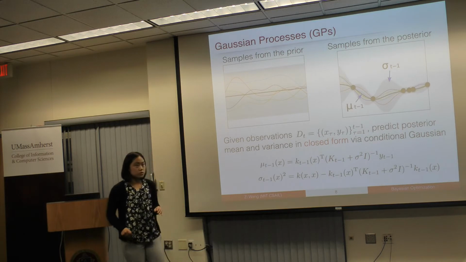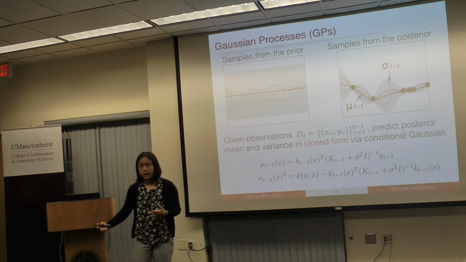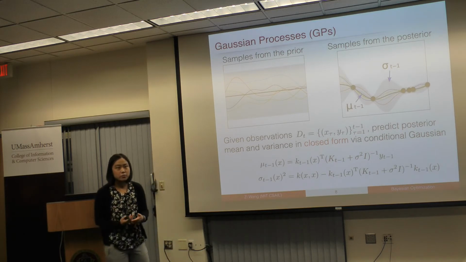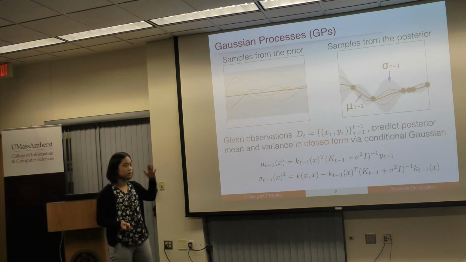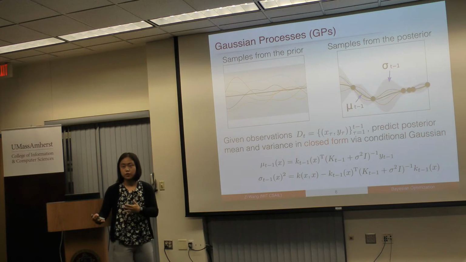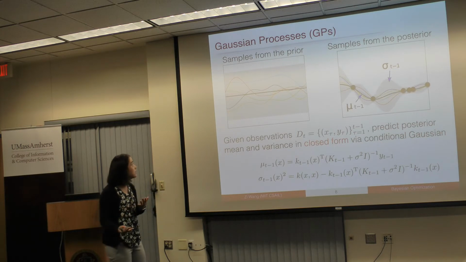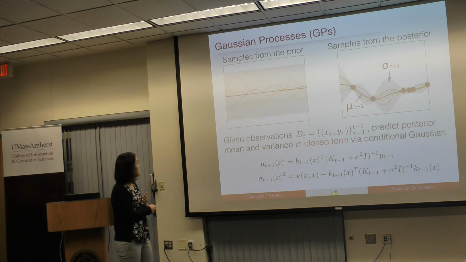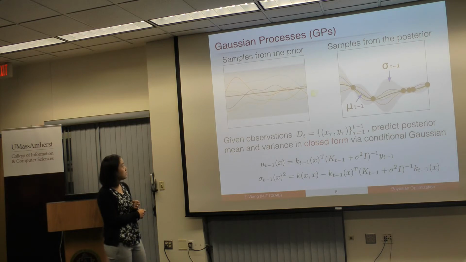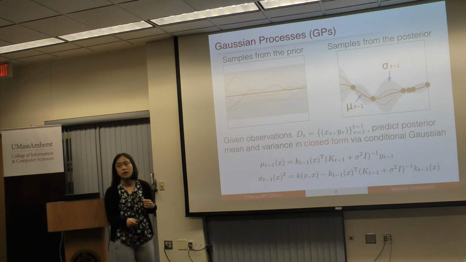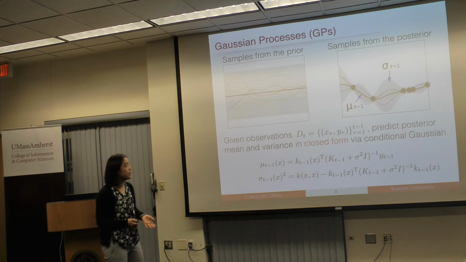To show an example of how we typically use Gaussian processes, we model our function using a Gaussian process prior. Here is an illustration with zero mean. The gray area shows the uncertainty, while the colored lines are samples from the prior.